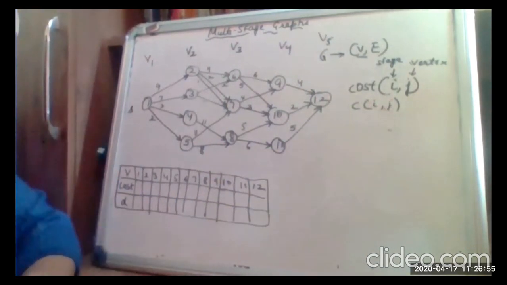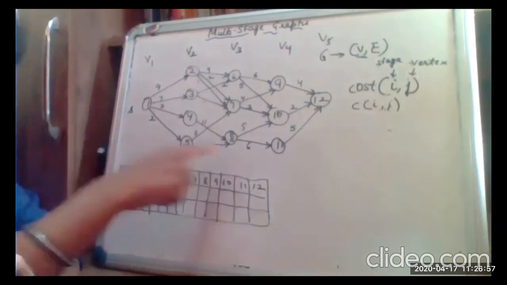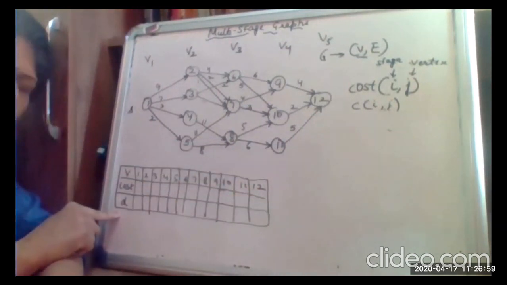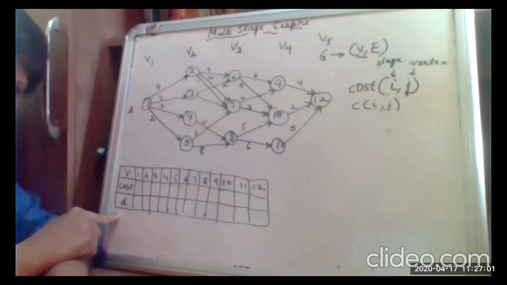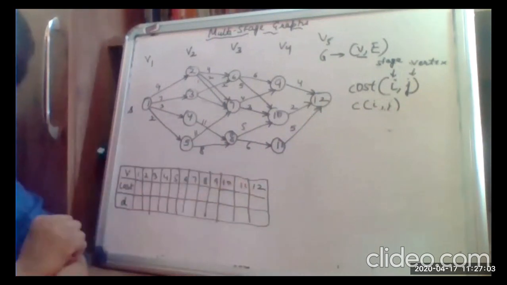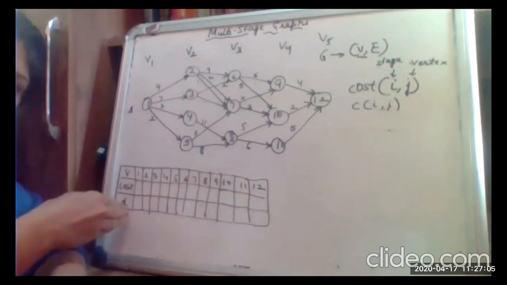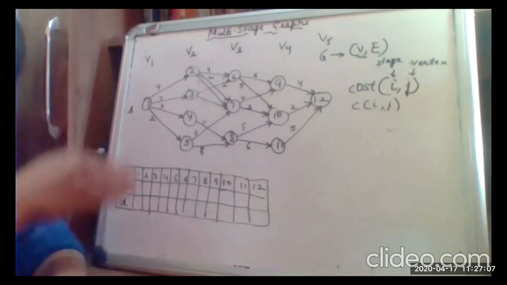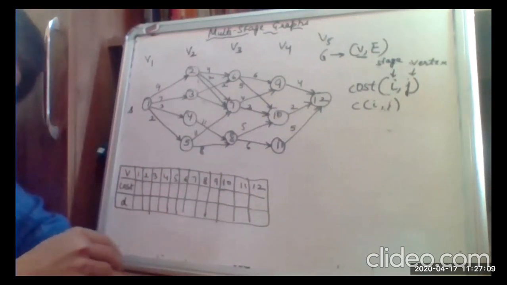Fine. So now let's start with this. To fill up this particular matrix, we'll start from the end and fill up everything, and then we will find out the minimum path.